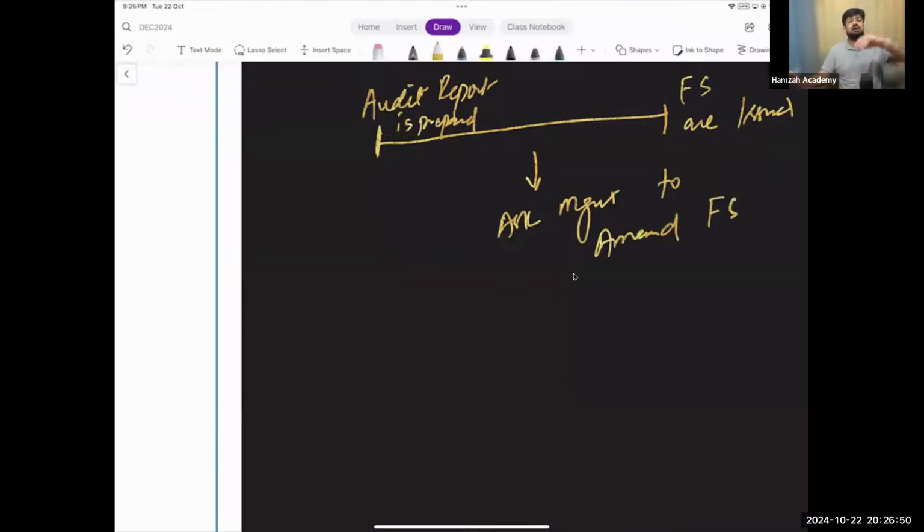If they are adjusting, adjust it. If they are non-adjusting, disclose it. Students, yes, management adjusts financial statements.